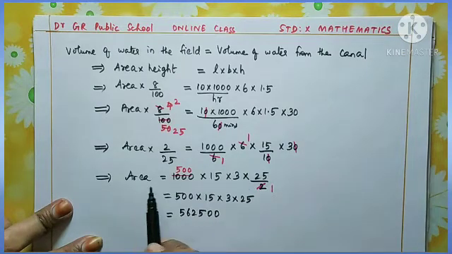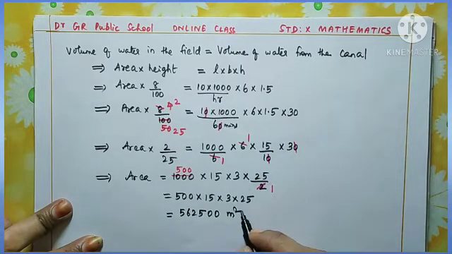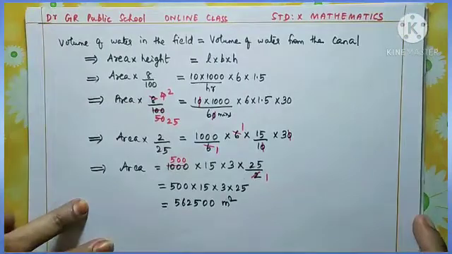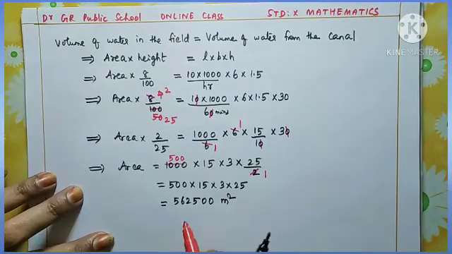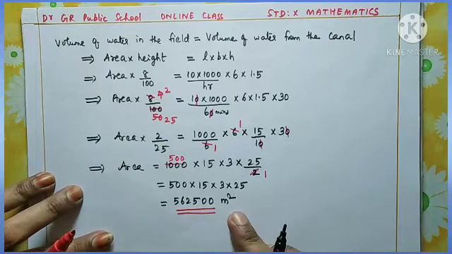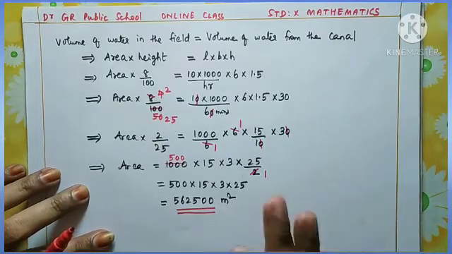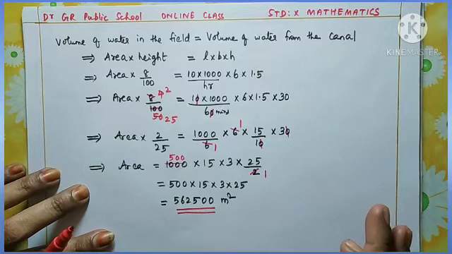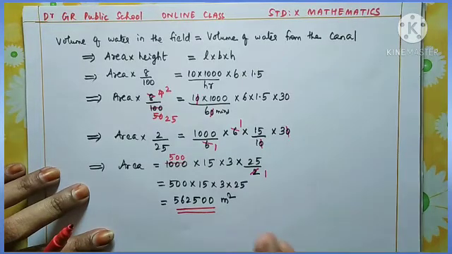562500, and area you want to write in square units, you will get meter square, because meter is the unit given in the problem. So this is the required answer actually. But one more thing, because it is a field, it is a very big land, and usually we will not tell a big land in meter square, we will tell usually in hectares.